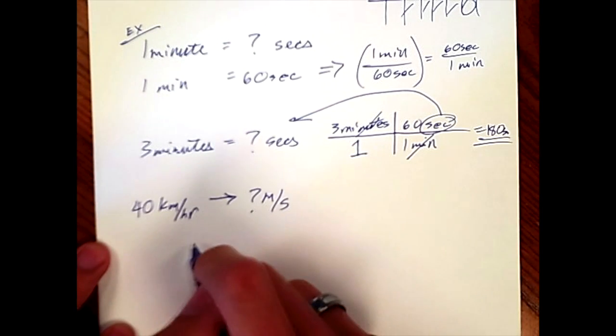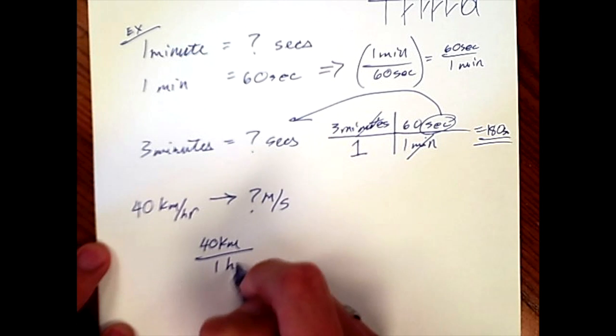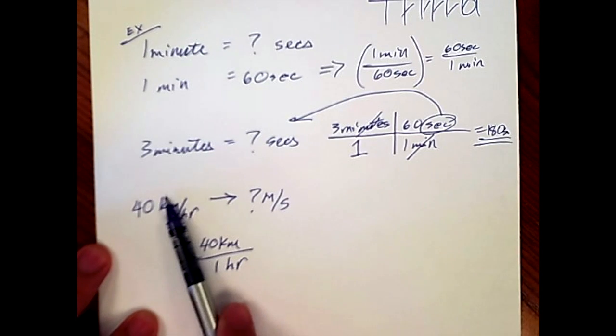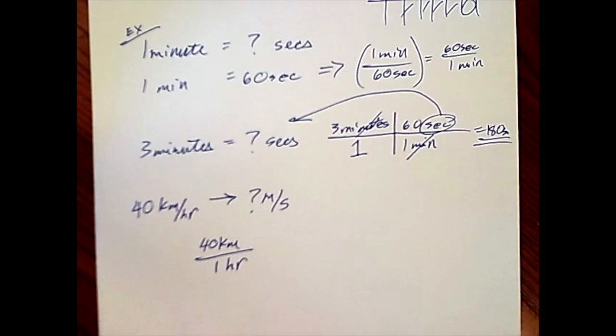So if I say 40 kilometers per 1 hour, don't get hung up on thinking that I want to put this entire kilometers per hour in the numerator, right? Make sure you separate out the fact that 40 kilometers per hour really does mean 40 kilometers per 1 hour. It's not unusual, especially on an AP test, for them to throw something weird at you where it's like 40 kilometers every 2 hours, right?